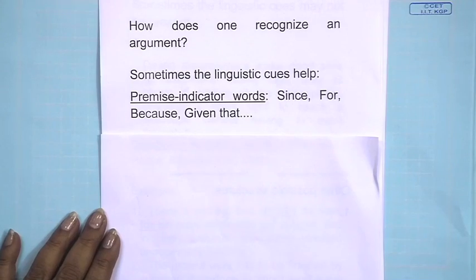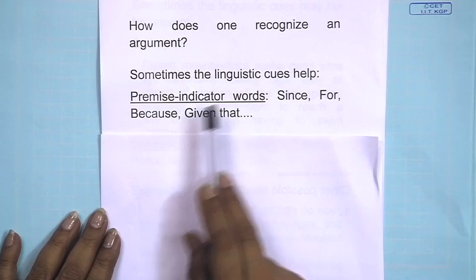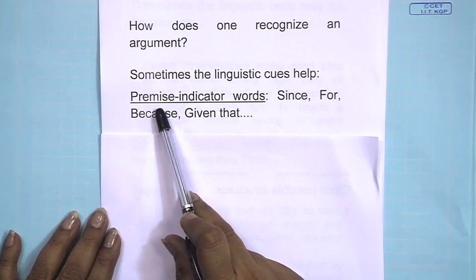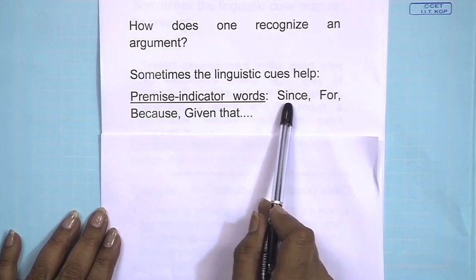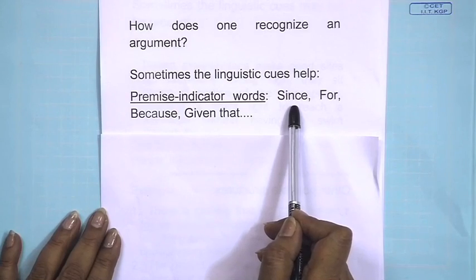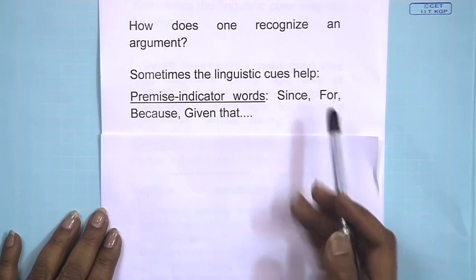For example, there are some premise indicator words. These words usually indicate that what follows is a premise. When you say, since this is the case, therefore that has to be the case, that since is a premise indicator. Or for: you are giving a reason.